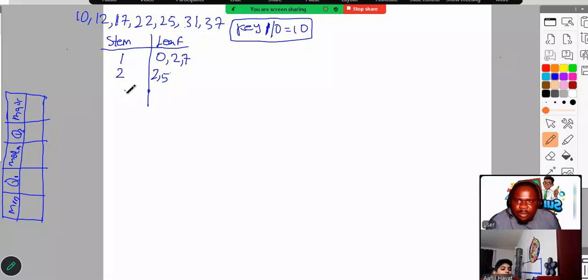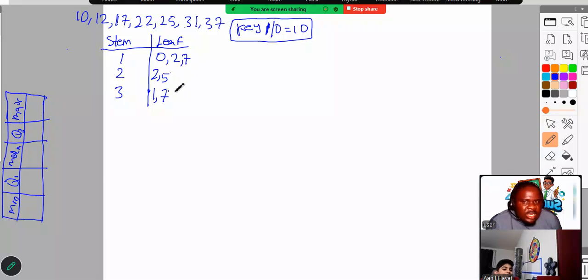Let's talk about 3. 3 and 1. That's 31. Then 3 and 7. That's what? That's 37. Okay? Now, didn't you see we've arranged this data set in this what? Stem and leaf plots.